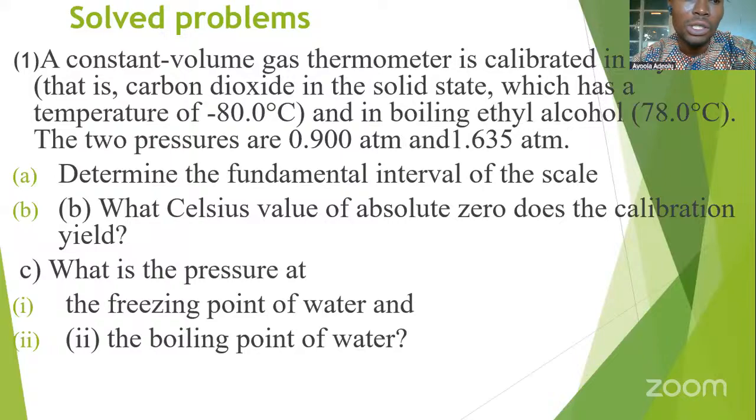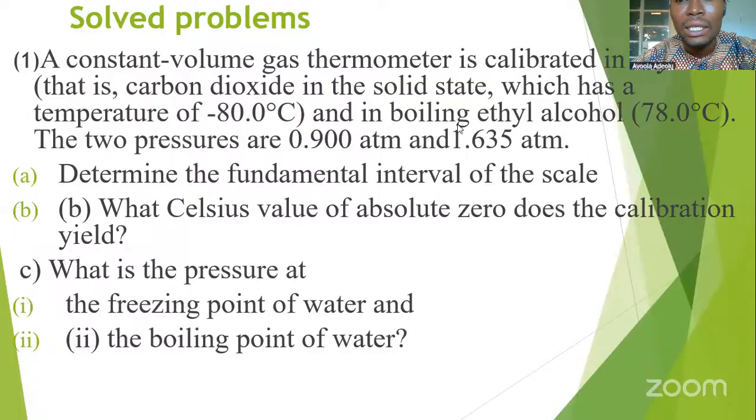They put it inside dry ice, which is carbon dioxide in the solid state, with a temperature of -80. So the lower point of that thermometer will be -80. Normally the lower point is 0 for the Celsius scale, but now the natural material they use to calibrate is -80.